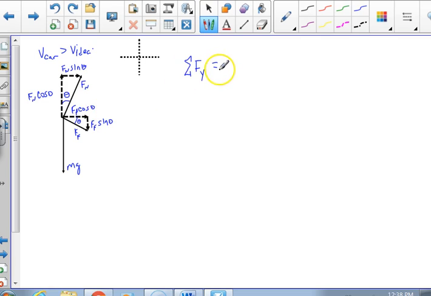Okay, so our sum of forces in the y equals Fn cosine theta plus, I'm going to put this as a negative mg, because we know g is negative, plus our y component of the friction also, which is going to be the negative of FF sine theta.